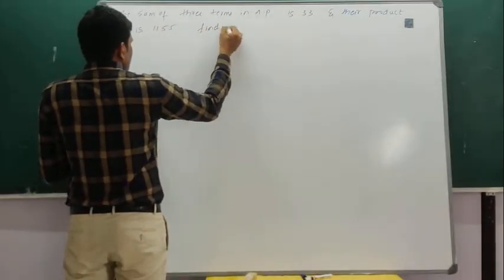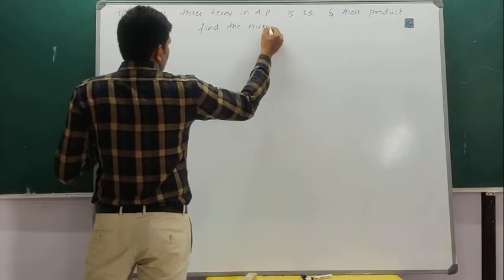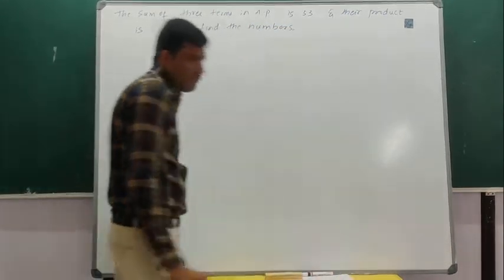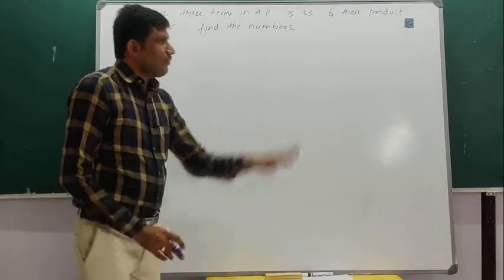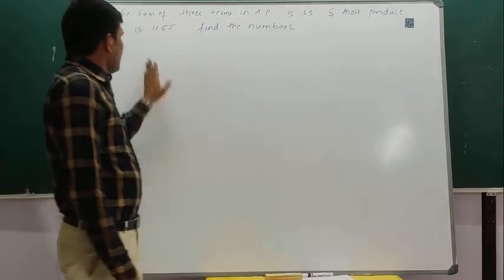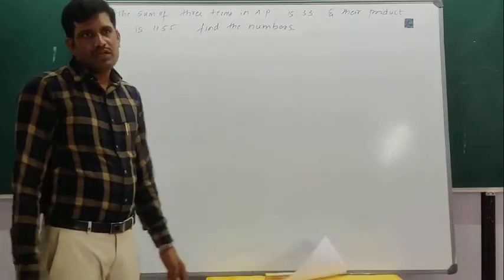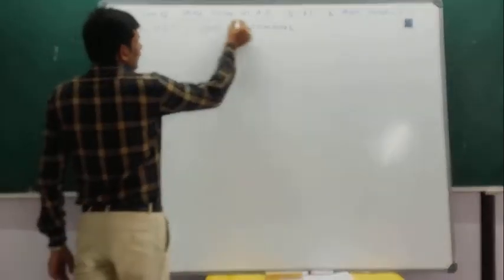Find the numbers. This is the given problem. The sum of three terms in AP is 33 and their product is 1155. Find the numbers. Right? Already I told you they have given three terms.